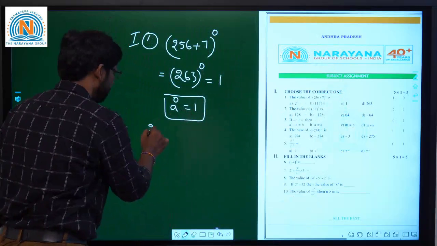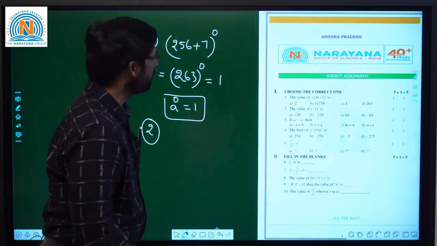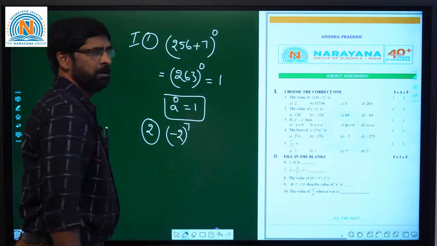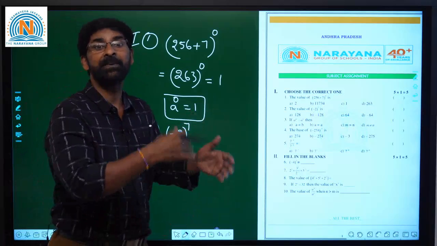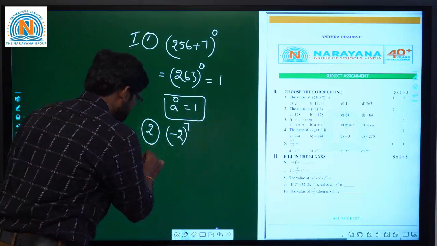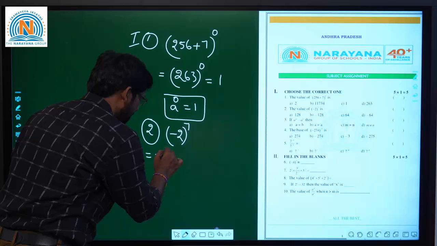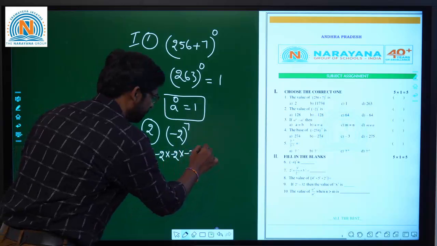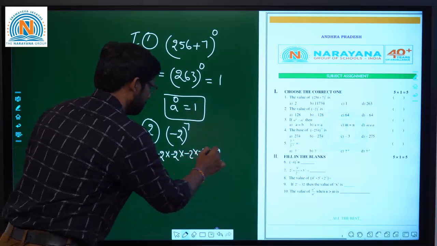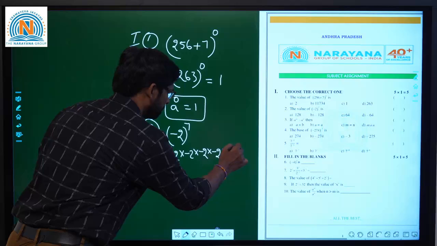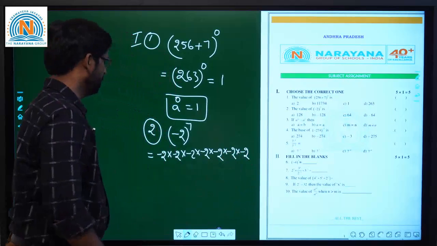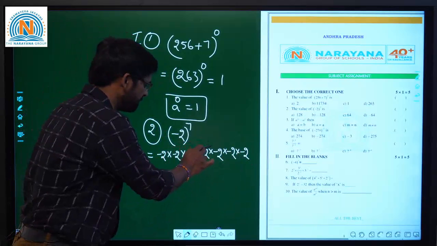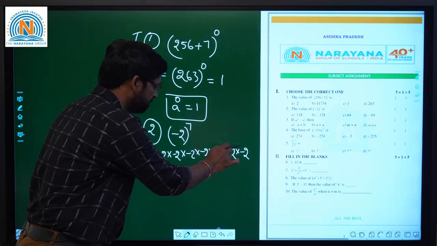Next, the second one. The value of minus 2 whole to the power of 7. This is exponential form, in expanded form. So minus 2 whole to the power of 7 can be written as minus 2 into minus 2 into minus 2, up to 7 times. Minus into minus is plus, plus into minus is minus, and so on.